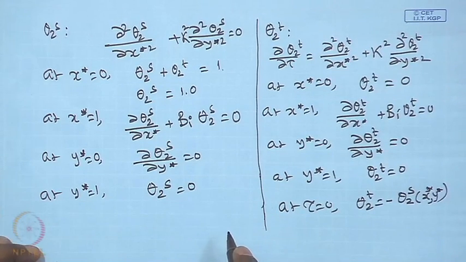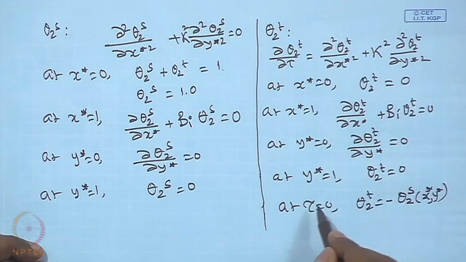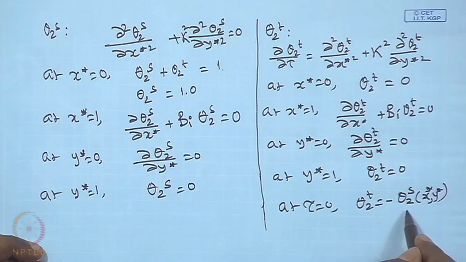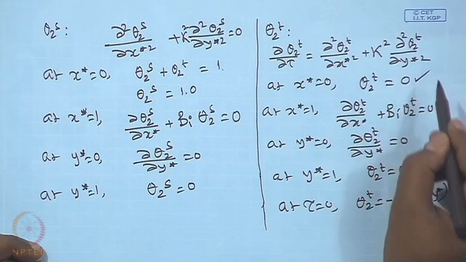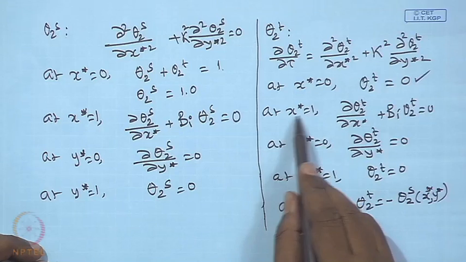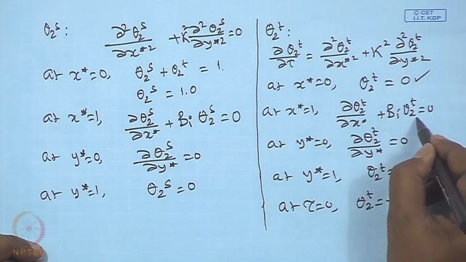Now, if you look into this particular problem, the initial condition is non-homogeneous, and this is not equal to 0, and this is nothing but the solution of the steady state part, that is number 1. Then boundary condition at x star equal to 0, this is homogeneous. Boundary condition at x star is equal to 1, this is homogeneous.